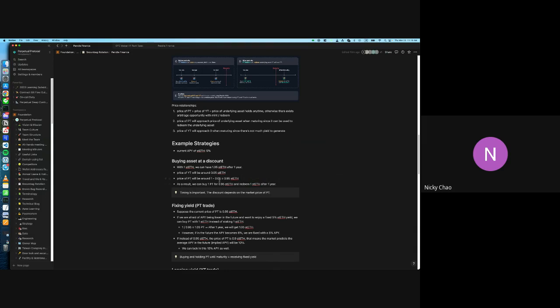This means you can buy assets at a discount and redeem them after maturity. Timing is quite important, because the price of PT is basically the market price, so how much discount you get depends on the market price of PT.